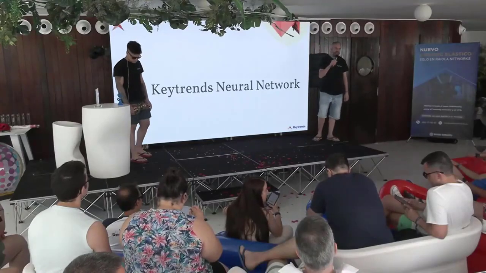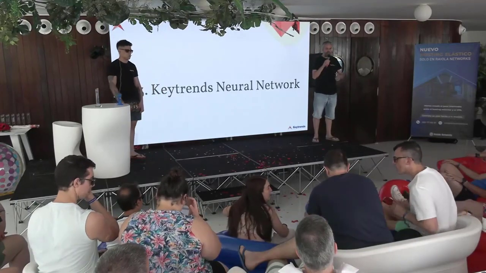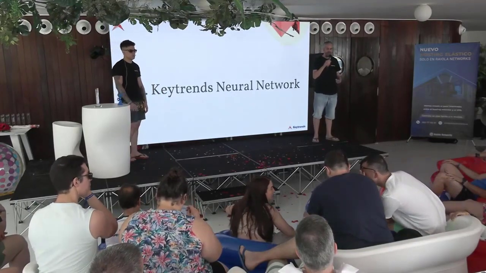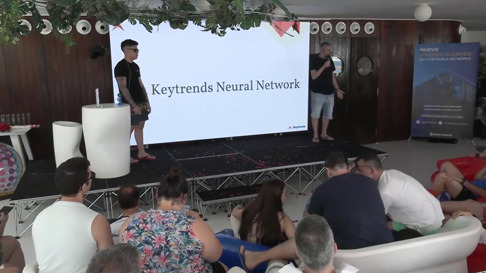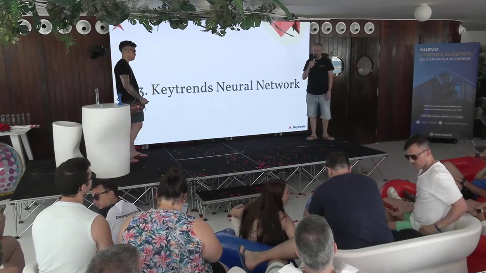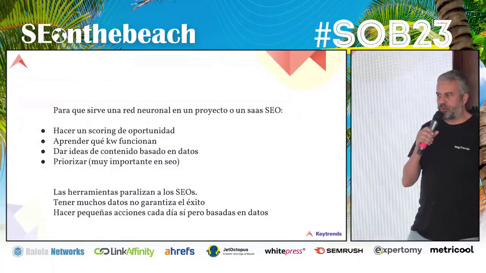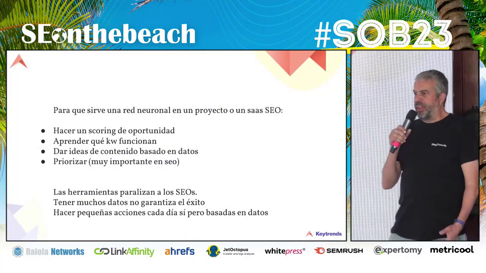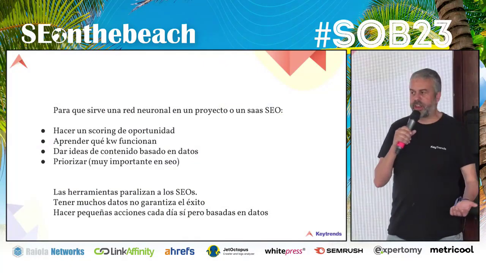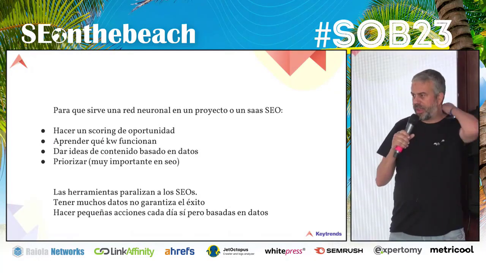Something else that we do when we work with SEO is that we have thousands and millions of data points, and when we're trying to scale this to 1,000 projects, we need to prioritize where the focus should be. So we're creating a neural network to create opportunity scoring. This should learn from the keywords that actually work.